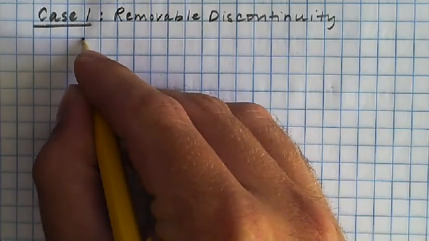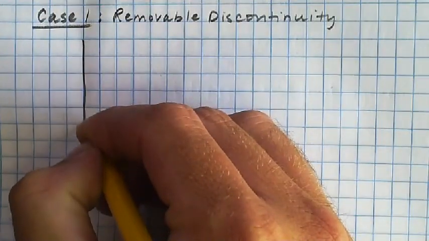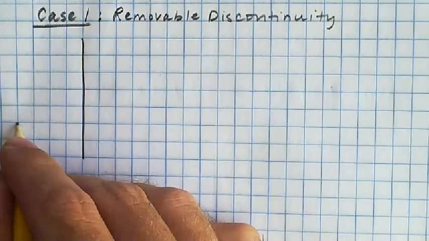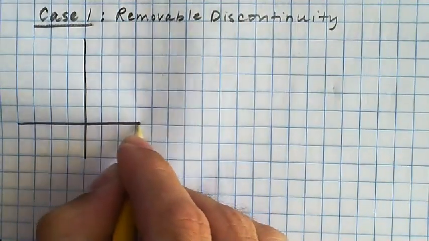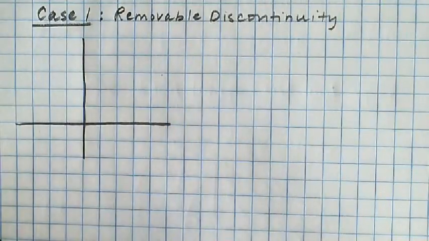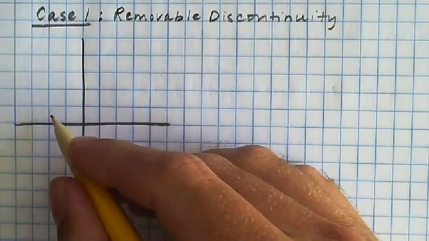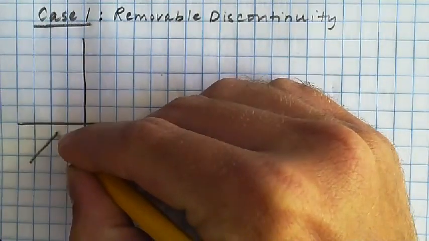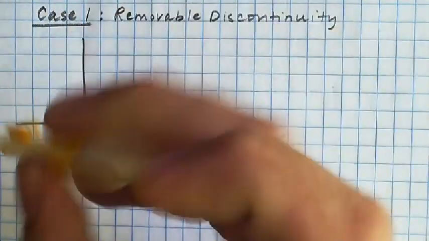So what I'm going to do is draw the graph of a function. And we're actually going to be able to write down the equation for this function. And I think I'm going to draw it like this. Okay, so you think... Nope, okay, I need to go one higher.